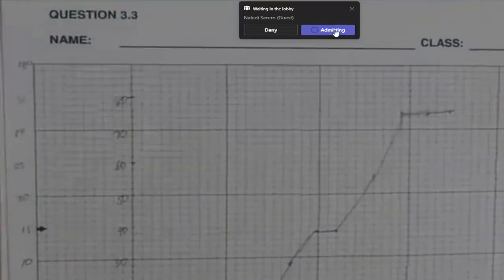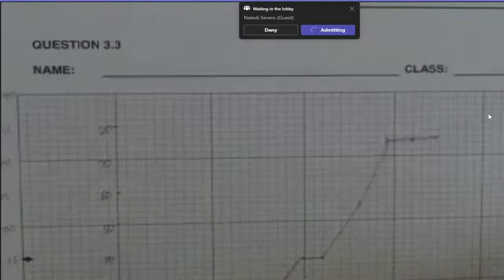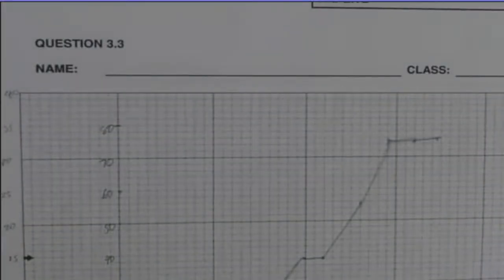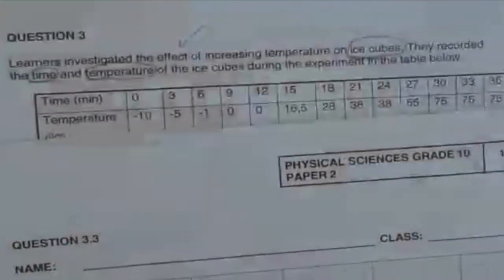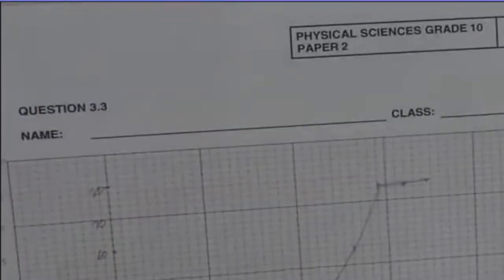So I did try to draw it. I was struggling with the scale. So I wanted to draw this graph. Initially I started with -10, -5, 0, 5, 10, up to 40.